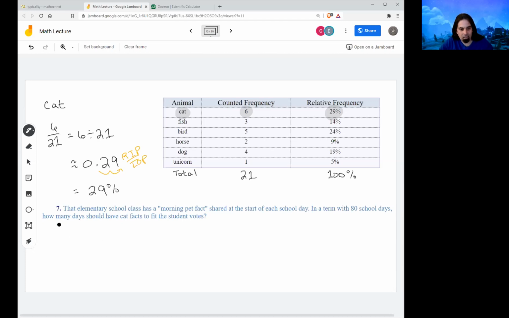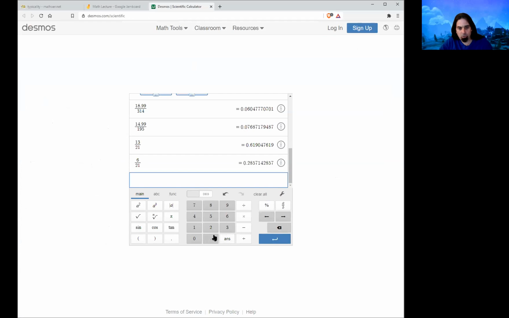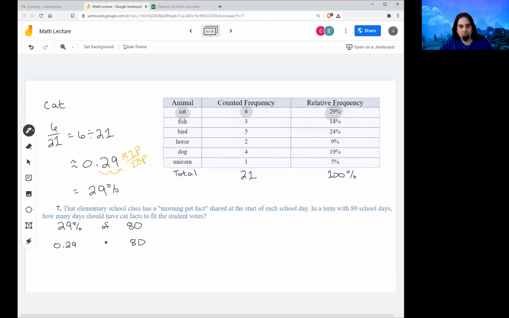Yeah, 29% times 80. So 29% of 80. So change that back into 0.29, ripple up the other way. Of becomes multiply. And yes, 0.29 times 80 gives me 23.2, so about 23 days.